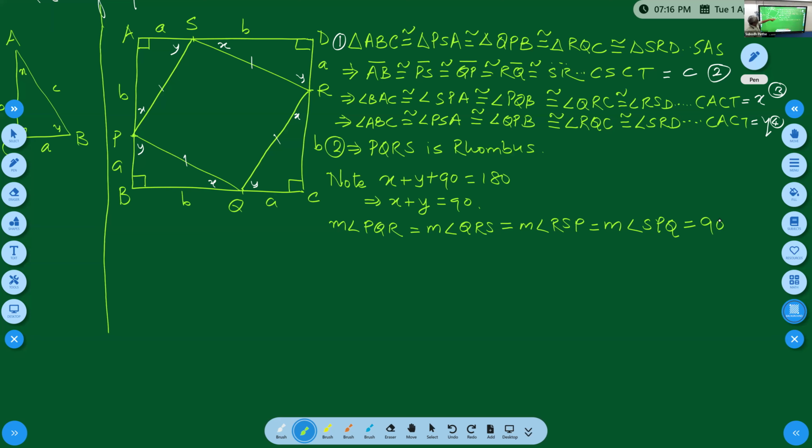In a triangle, two angles are known to us and their addition is 90. Therefore, the remaining third angle is also 90. This implies PQRS is a square.